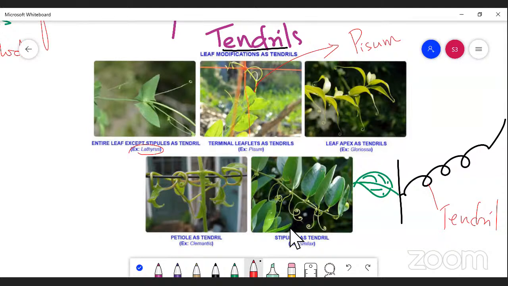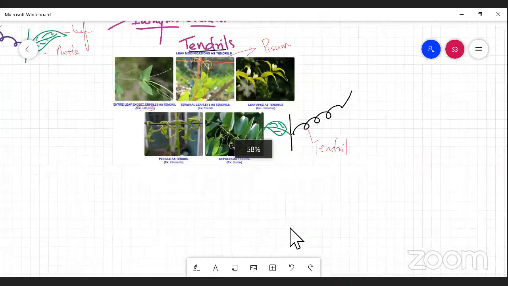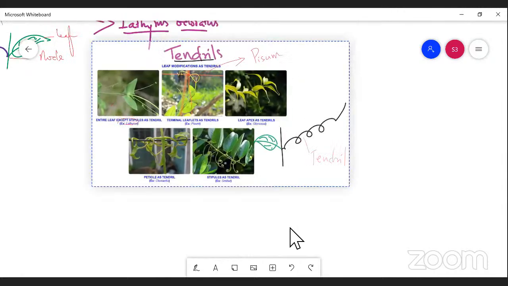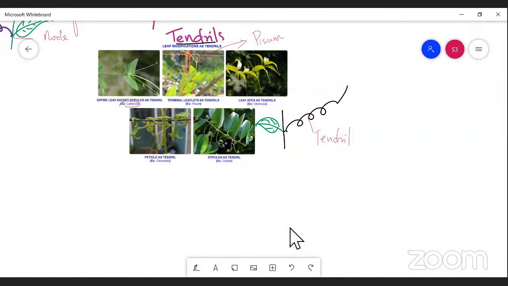In Gloriosa superba, I'd like to mention, in the third diagram, the leaf apex is modified. My dear student, please understand.